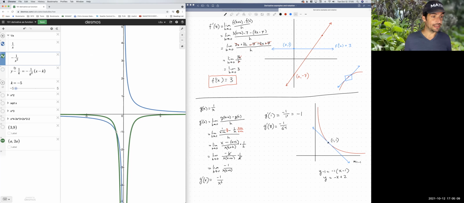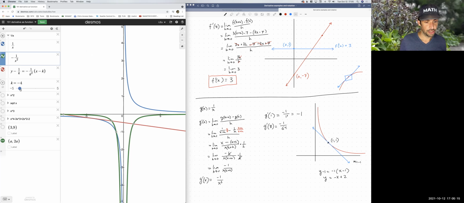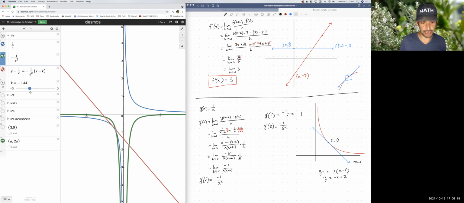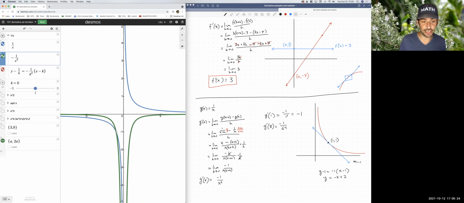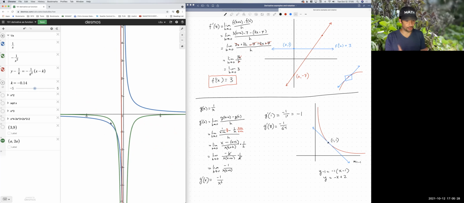Well, what's going to happen to this tangent line as we move from x equals -5 towards 0? We're following that blue line down. That blue line gets steeper and steeper, pointing negative. So we should be getting larger and larger negative slopes. What's happening to the green graph?